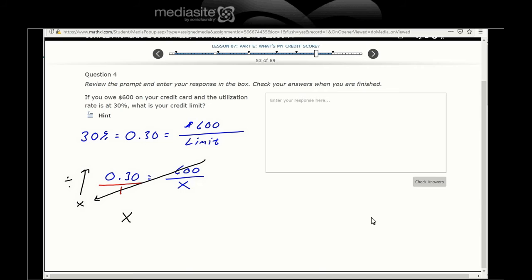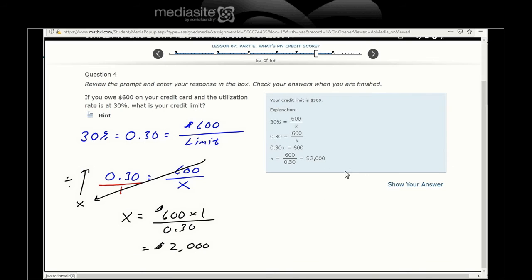That tells me that X, which is my credit limit, is going to be $600 times 1 divided by 0.30, or $2,000.